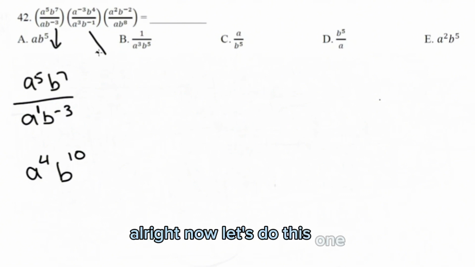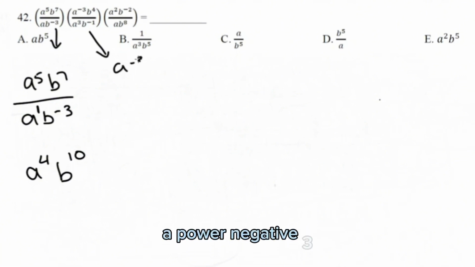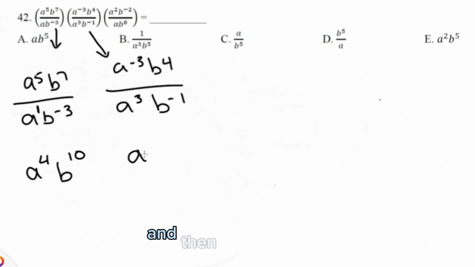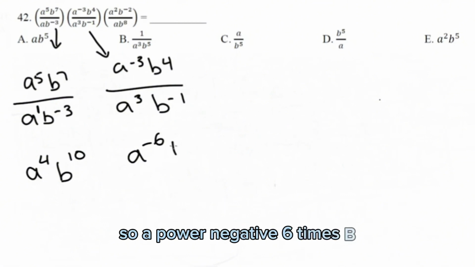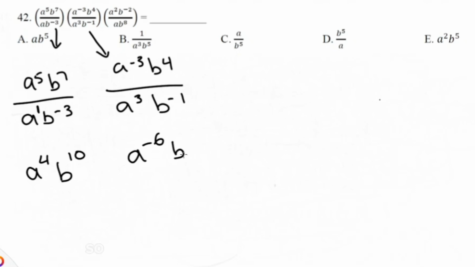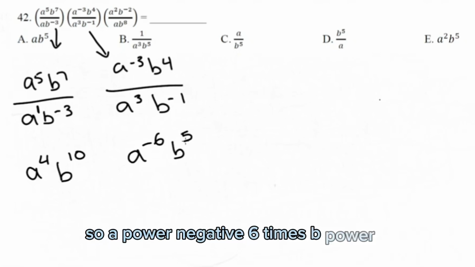Alright, now let's do this one. a to the power negative 3, b to the power 4, over a to the power 3, b to the power negative 1. So we have a, and then negative 3 minus 3, which is negative 6. So a to the power negative 6 times b, and then 4 minus negative 1, which is 4 plus 1, which is 5. So a to the power negative 6 times b to the power 5.